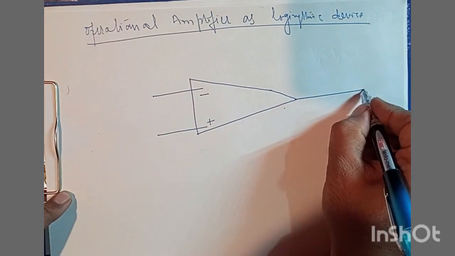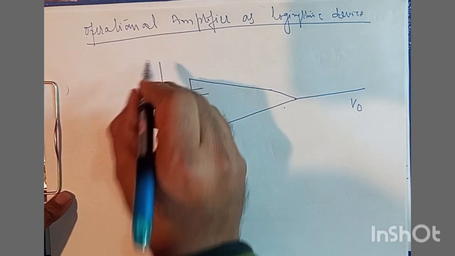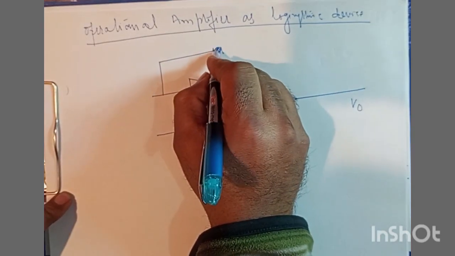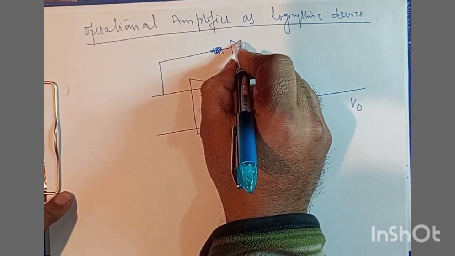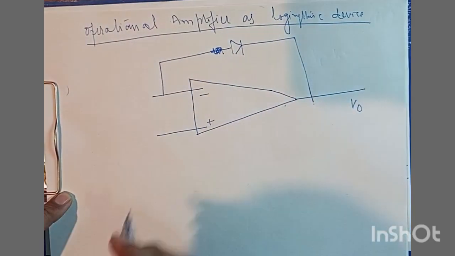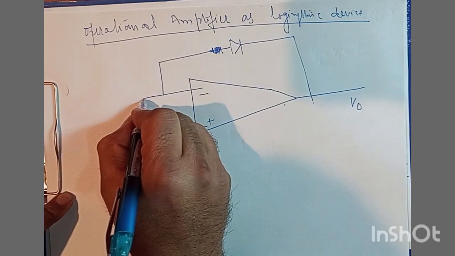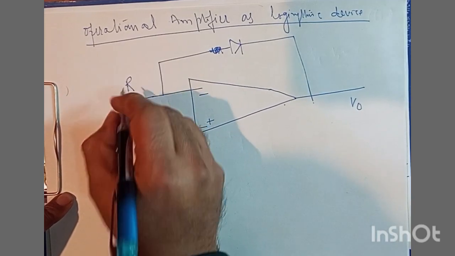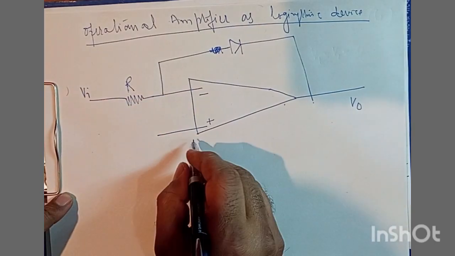Then we have the output of this operational amplifier, and here, instead of feedback resistance, we make use of a PN junction, and here we have the output, and here we have the input resistance, say R, and then we have VI here as input.